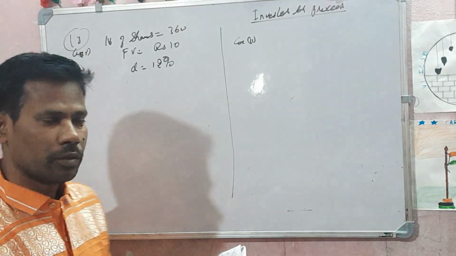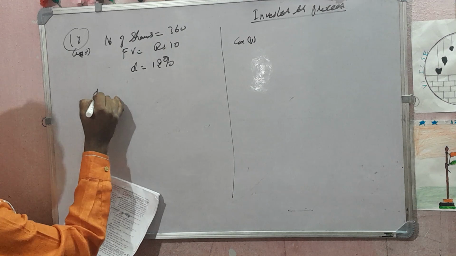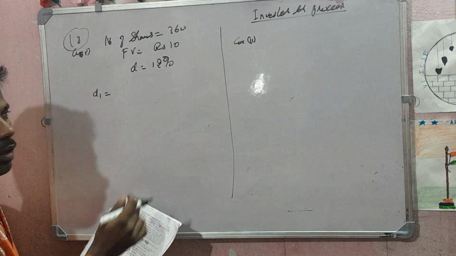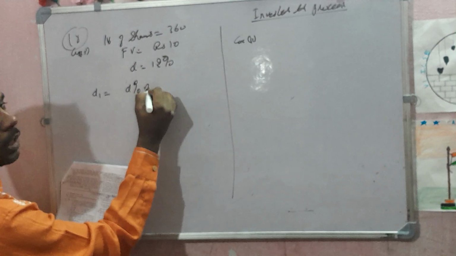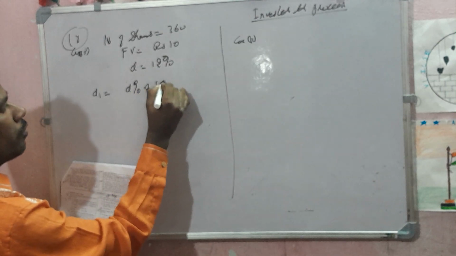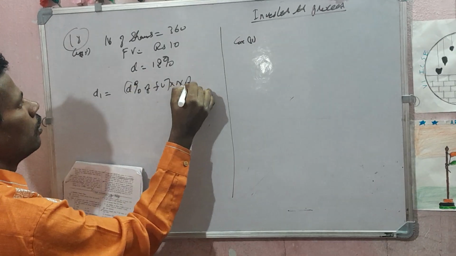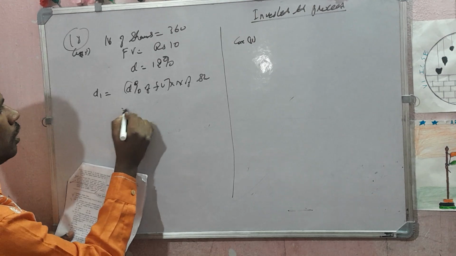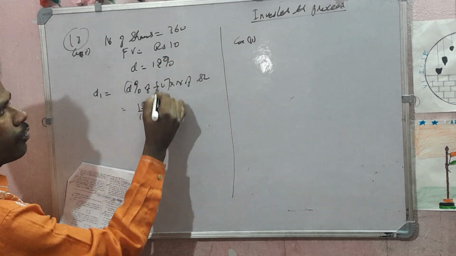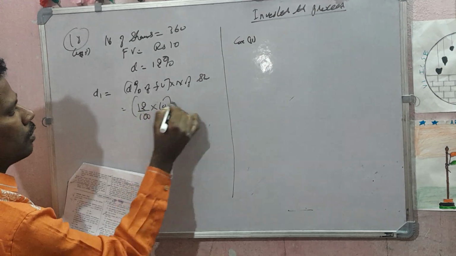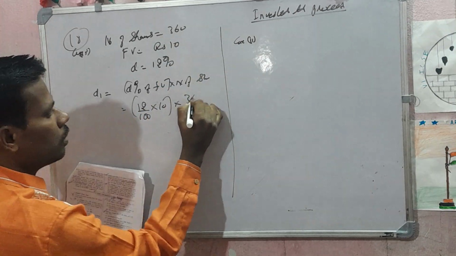Find the annual change. First, you calculate the dividend of this one. What is the formula? Dividend is dividend percentage of face value into number of shares, right? So dividend percentage was 12, 12 by 100 of face value. Face value is 10 into number of shares, 360.